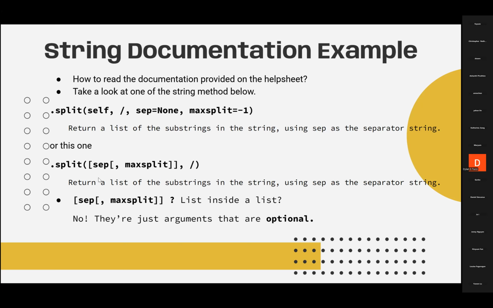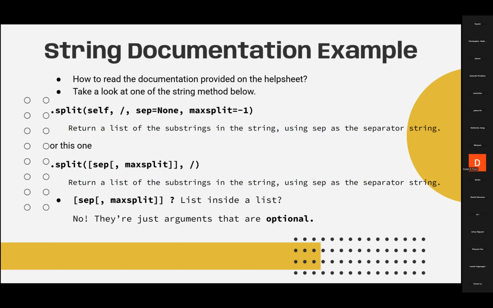And then the next one is dot split, but now you have a square bracket sep and square bracket comma maxsplit. So what does this mean? This is not a list inside a list. This is just an optional argument. If you find a square bracket, it means that the argument is optional.